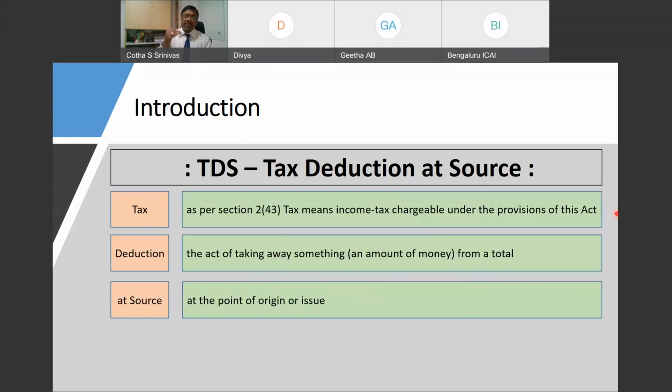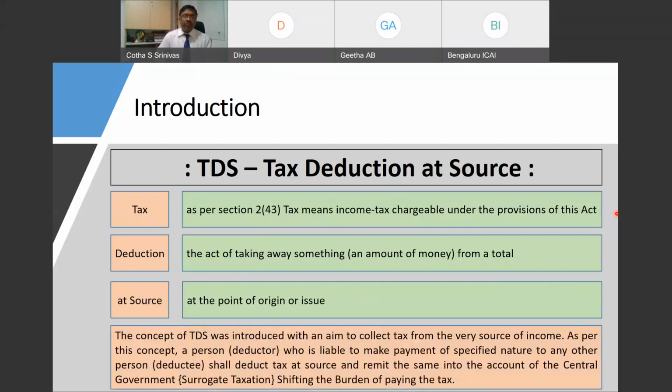So tax deduction at source means we are deducting tax at the point of recording of a transaction in the books of accounts. What type of transaction? We will come to that later. So at source means whenever an entry is passed in the books of accounts. That is the moola, that is the point of origin.